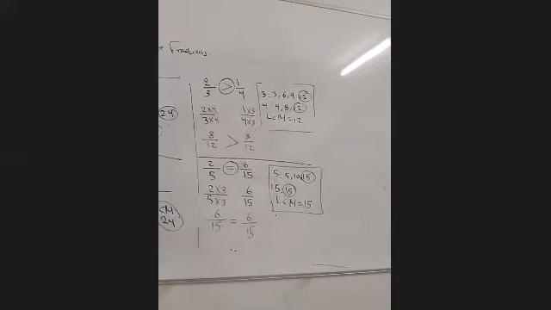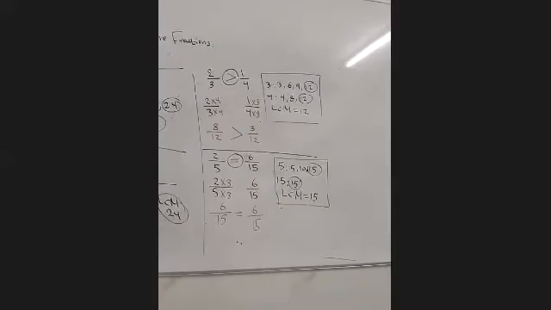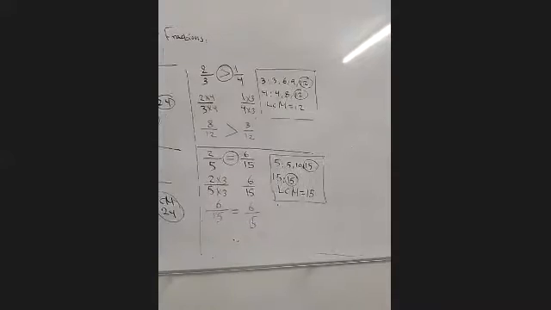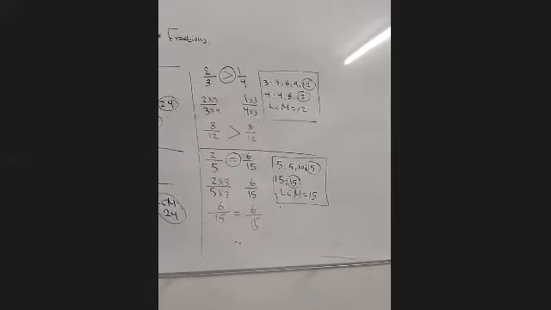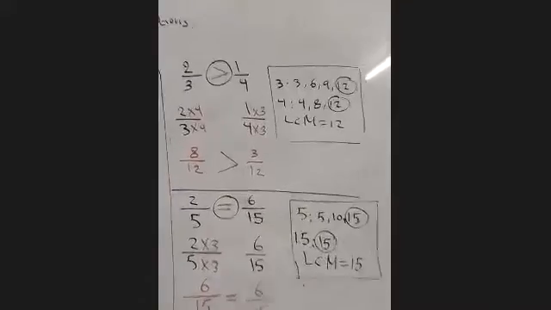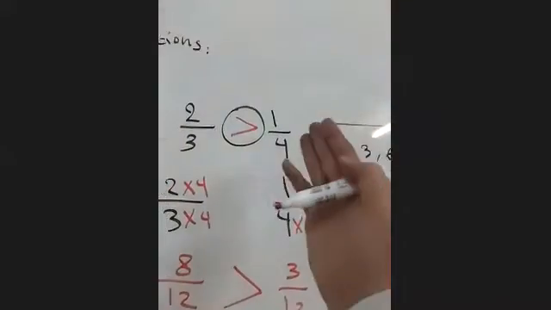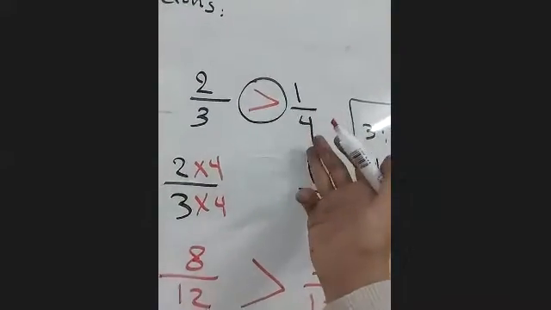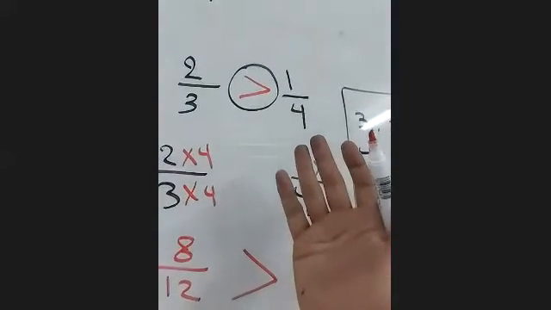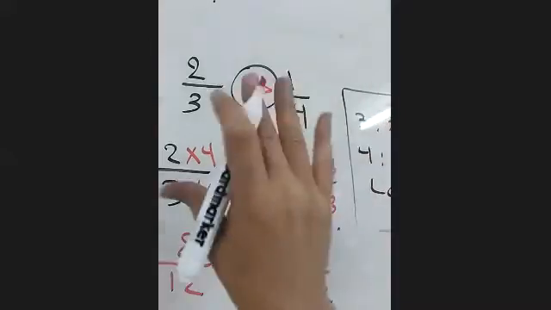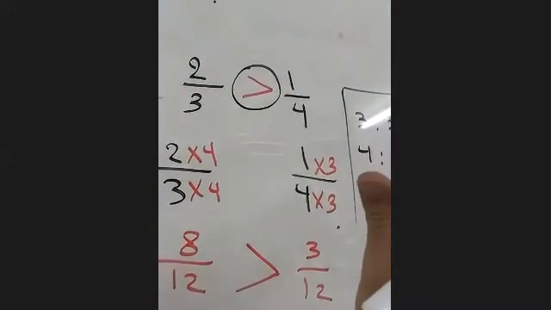Ahmed. Sir, I didn't understand the lesson. What didn't you understand? Tell me. We need to compare 1/4 and 2/3. Do you know the meaning of compare? Yes, it means which one is bigger. Right.